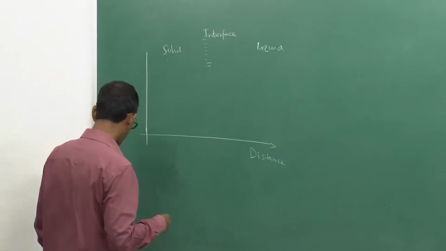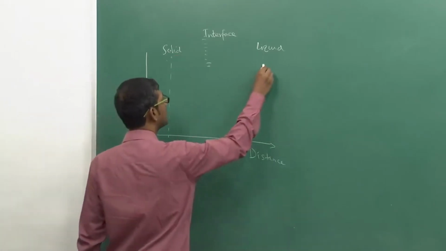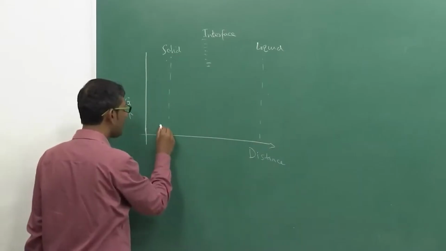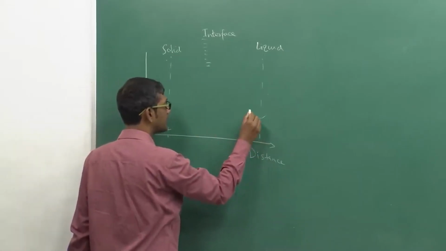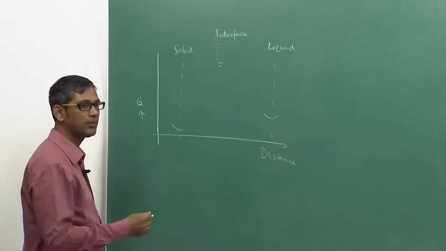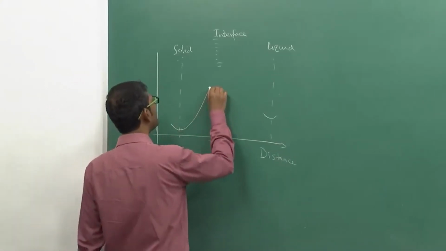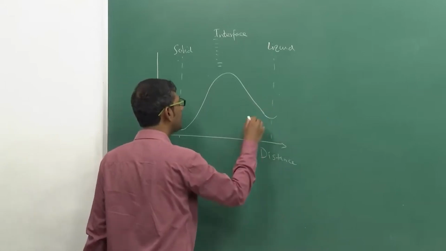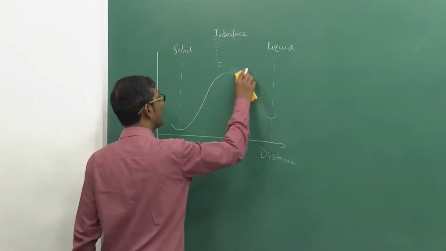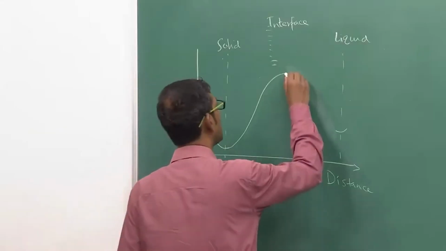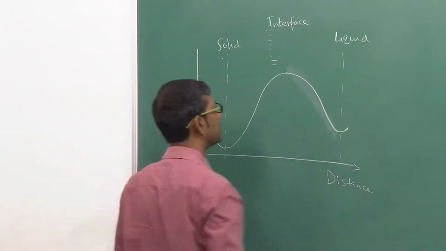Therefore, if I mark this as solid and this as liquid, the solid will always have lower energy than the liquid, because solid atoms are ordered and bonded. But at the interface the energy will be high. Why? Because at the interface atoms are undergoing a jump. That is the main reason they have more energy at the interface.